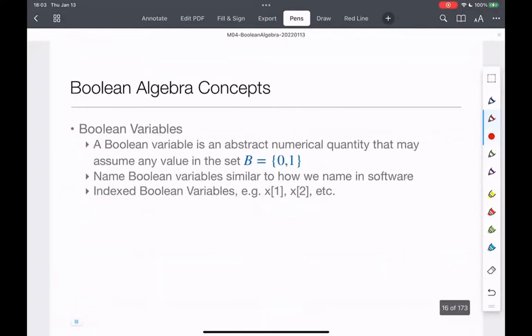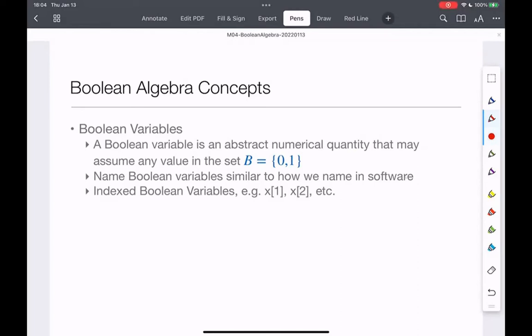So just like any algebra, we have variables here, and those variables can take, in our case, two values, 0 and 1, because we are dealing with two valued things. Now, just remember, we use 0 and 1 just as a convenience.